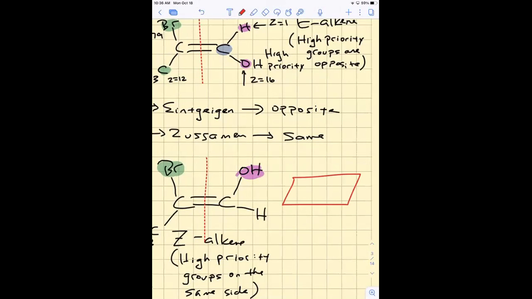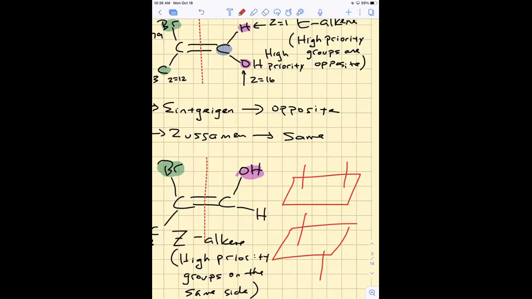So if this is a plane like this, if I have groups here, they're on the same side of that plane. And if I have groups here, then they're on opposite sides of that plane. So not on the same carbon or the same side of the alkene, but the same side of the plane.